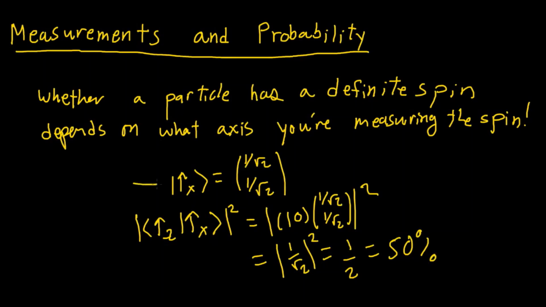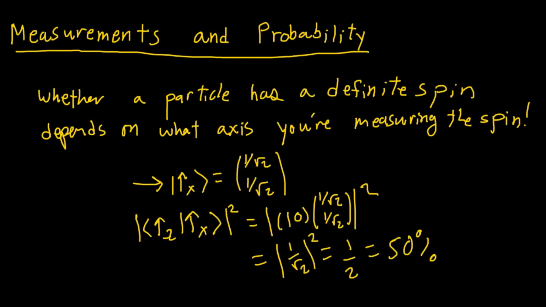So whether or not this state has a definite spin depends on what axis you're measuring the spin. If you measure it on the x-axis, it has definite spin. It's 100% always spin up. But if you measure it on the z-axis, then 50% of the time you're going to find it spin up, and 50% of the time you're going to find that it's spin down.